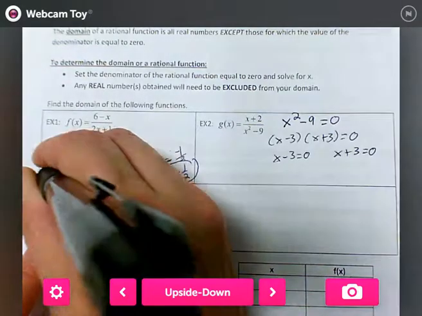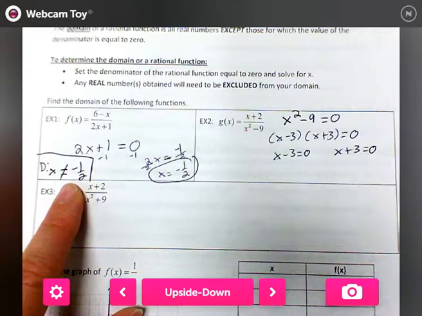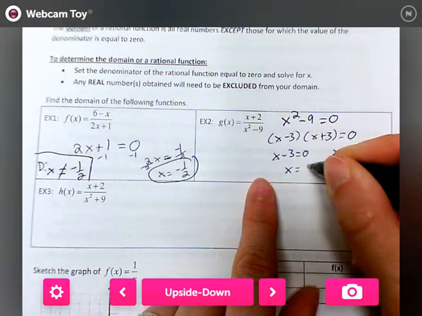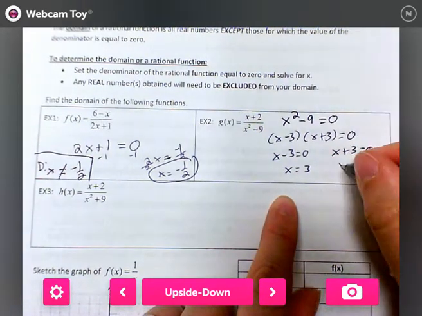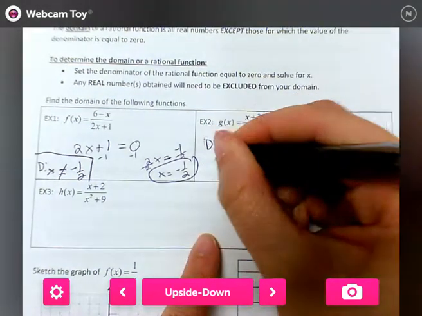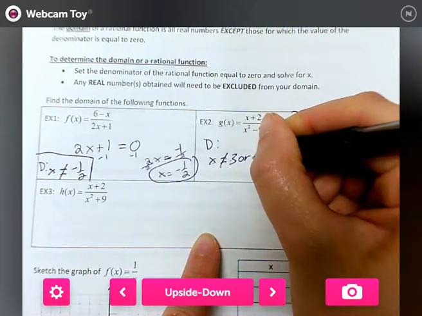That's the whole point of us doing this, is to figure out what the domain is. So for each of these, I'm going to get x equals 3 because I add 3 to both sides, and x equals negative 3. So when I talk about my domain, x cannot equal 3 or negative 3.